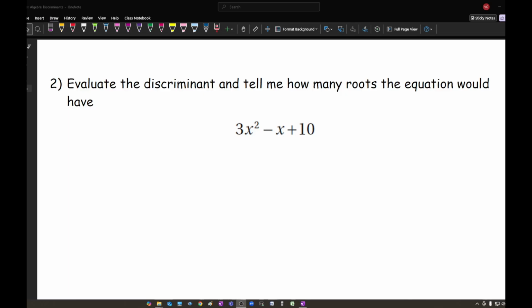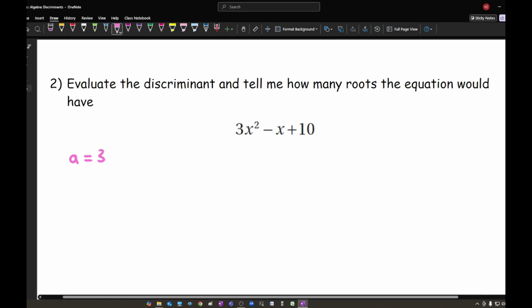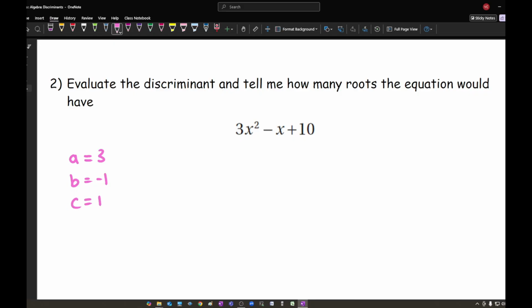So again, very similar in terms of the question as our previous example. So here we just need to write down our coefficients. So a equals 3, b equals -1, and c equals +10.